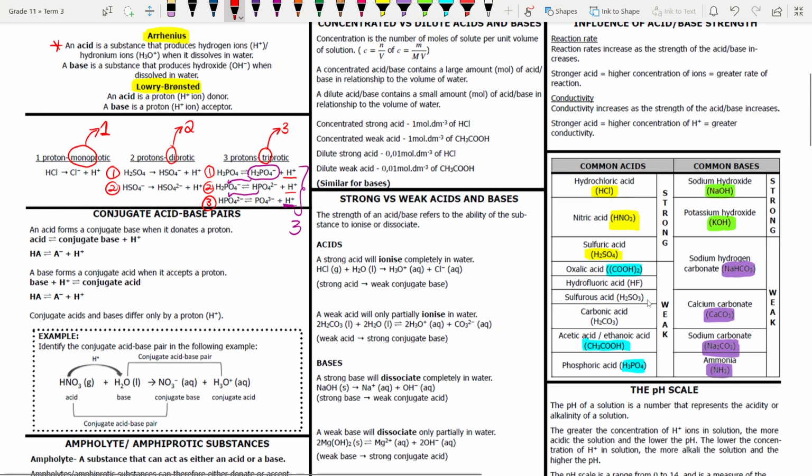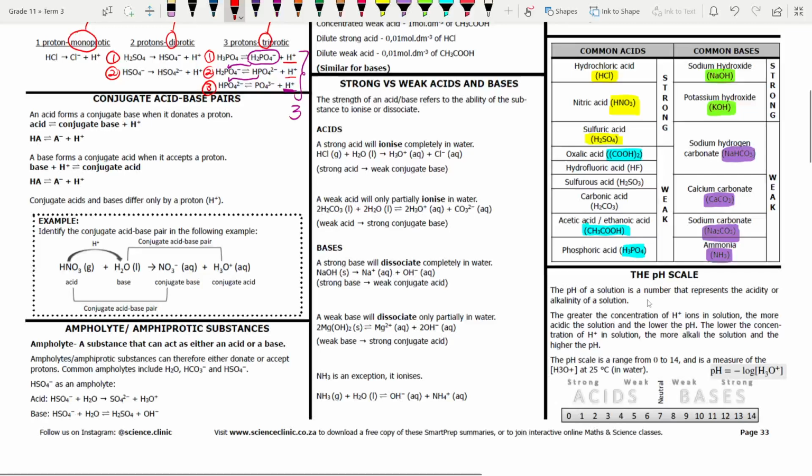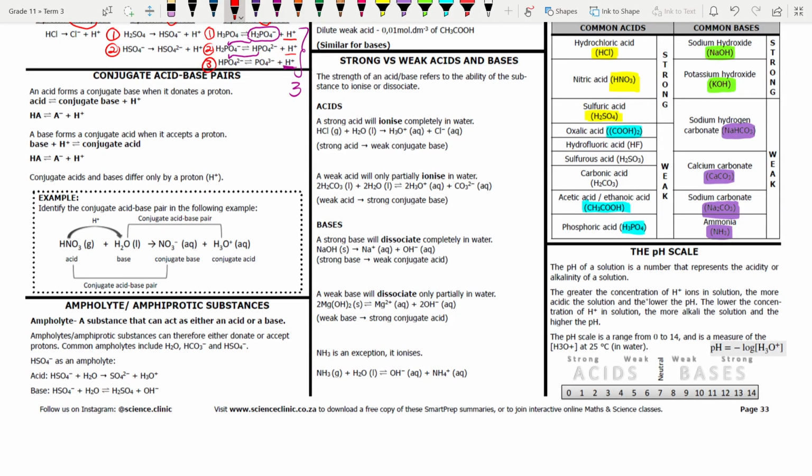Then we also have what we call conjugate acid-base pairs. This is very easy. I'll just use an example. So let's look at this example here. They will say identify the conjugate acid-base pairs in the following example. Then they have this acid, nitric acid, reacting with water, and we have the products. The products are the nitrate ions and the hydronium ions. Because it releases hydronium ions in solution, you can definitely see that it is an acid.